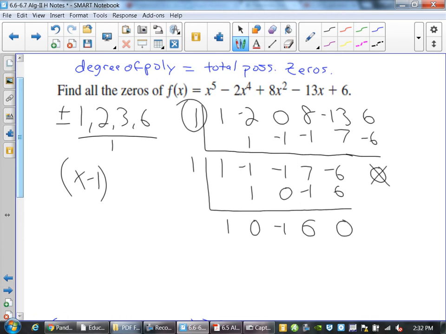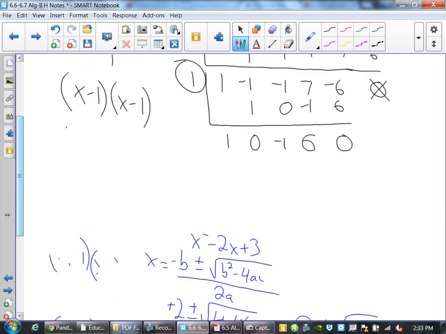If it works, great. If it doesn't, you go on. Wait, so what does that mean now? It just means that there's a multiple 0 at 1. So it's got multiplicity. It means the graph is going to touch it at 1, change direction at 1 somehow. That's all it means. Okay. So now I have another 0 at 1.